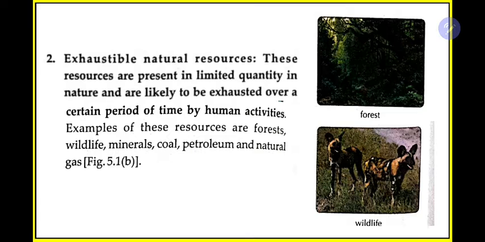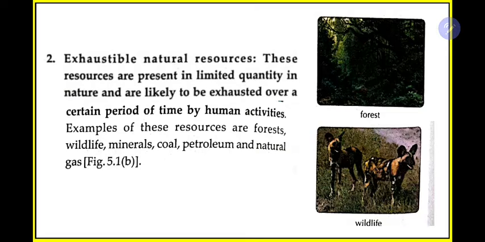by human activities. So all the natural good things we are destroying, right? All forest we are doing deforestation, all type of animal we are killing, right? We are helping global warming. So every harm to the nature is caused only by human beings. So what are exhaustible natural resources?